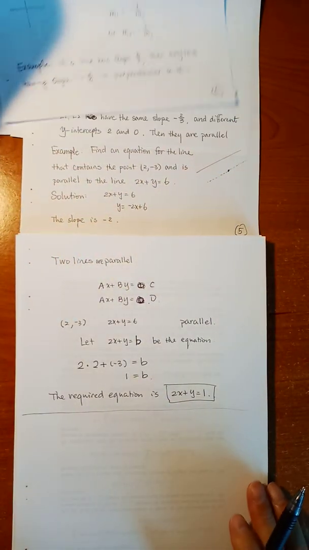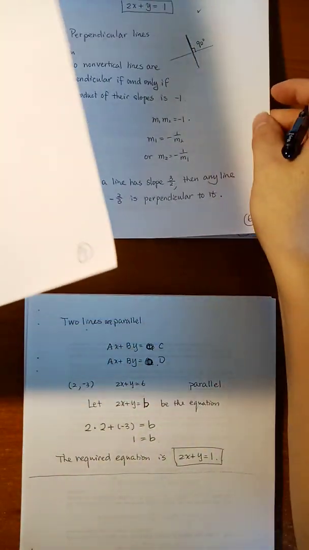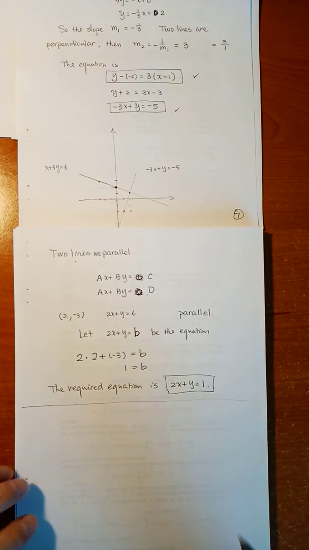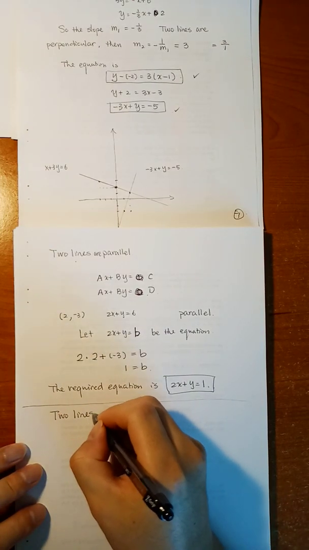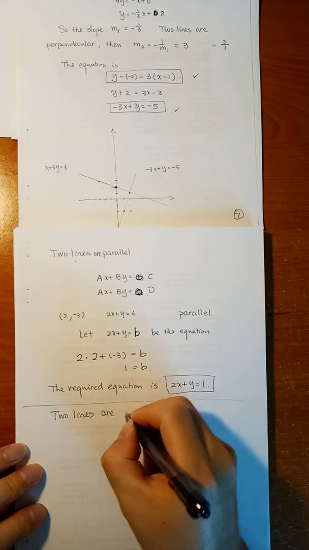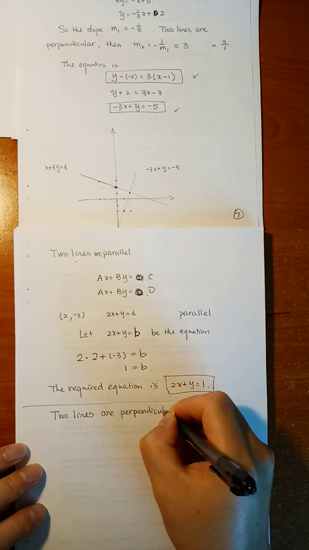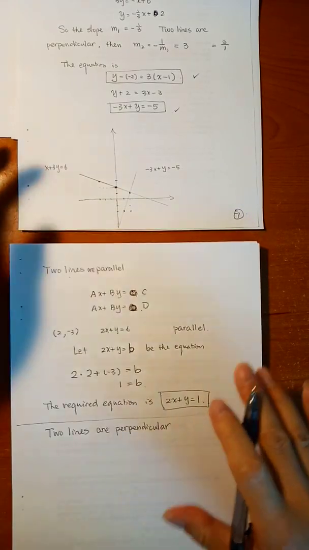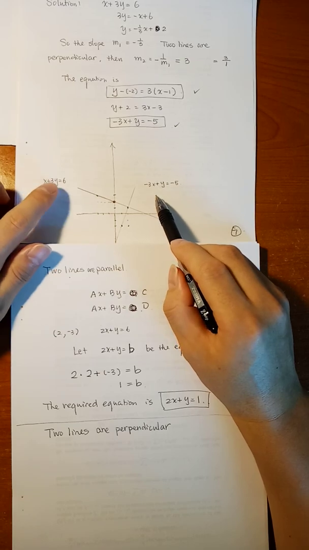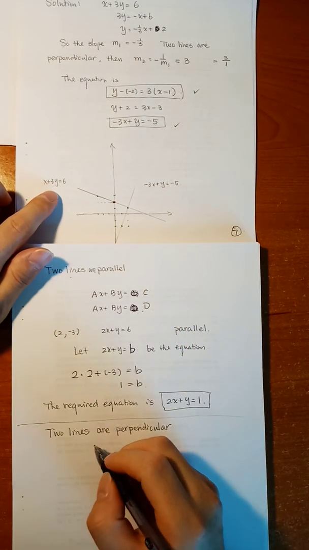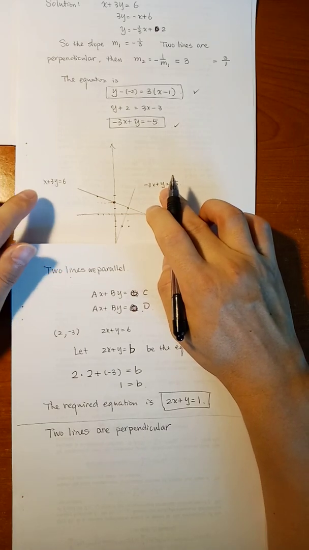Okay, so two lines are parallel, then you have such a case. If two lines are perpendicular, let's check this example we just did: x plus 3y, and negative 3x plus y.